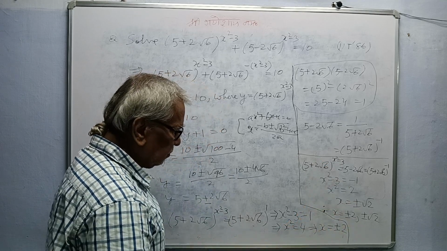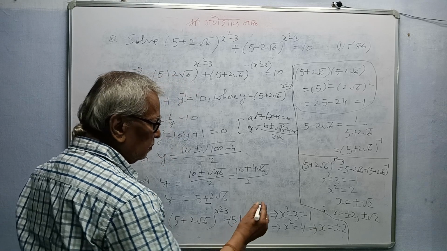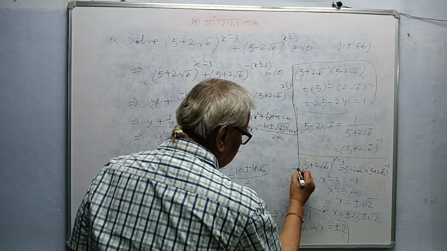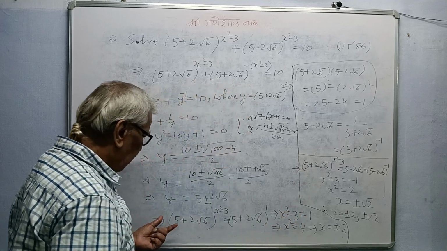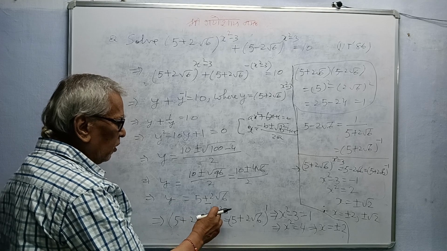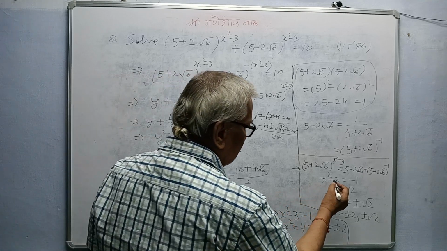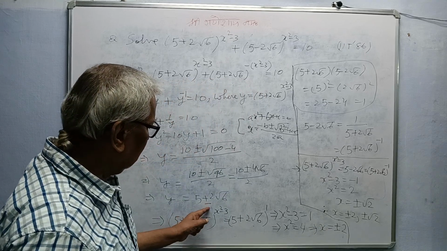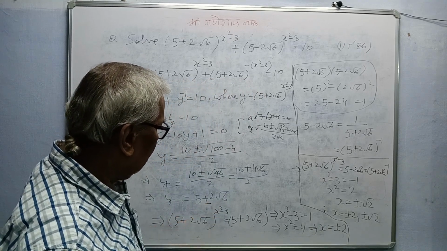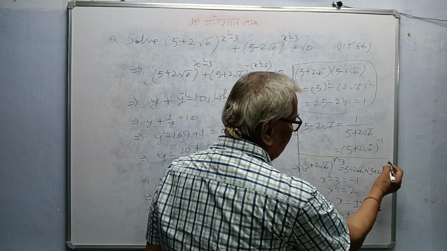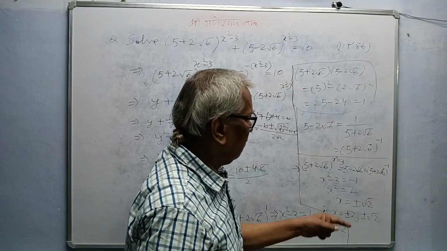Again, (5 plus 2 root 6) to the power x square minus 3. This time it is 5 minus 2 root 6, which can be written as (5 plus 2 root 6) to the power minus 1, as we have done before.